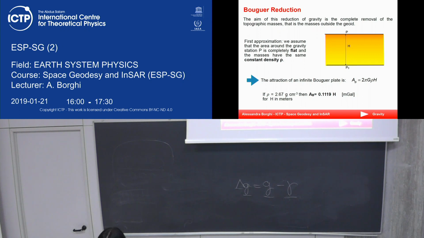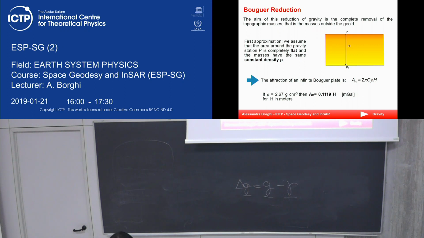If you remove the masses that in some way you can model, we can see that there is some approximation, because also in the first part of the surface of the Earth we can have different geological composition, of course, but often we want to study a deeper structure. So if I remove the masses outside the Earth, I can study what happens inside the Earth.